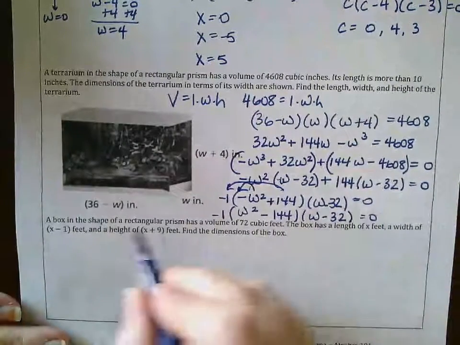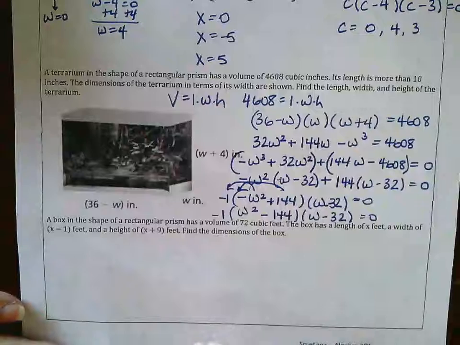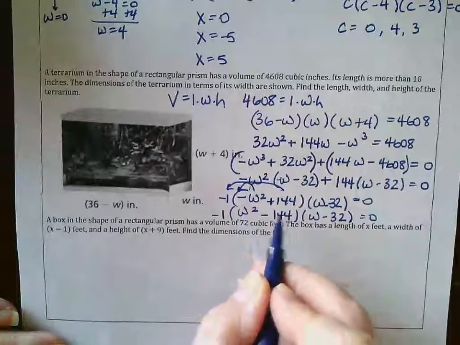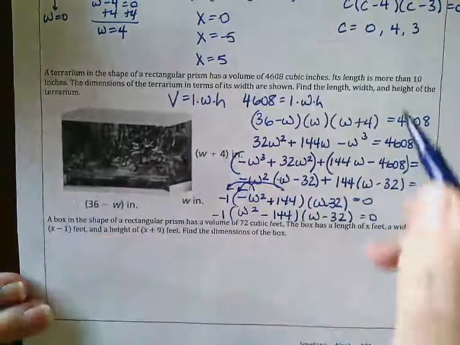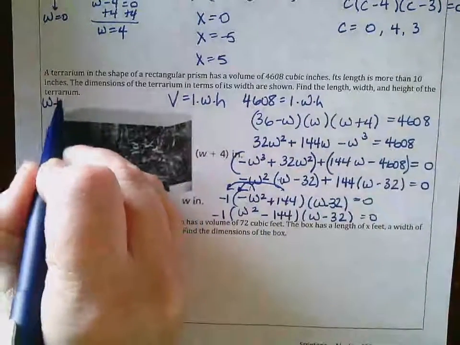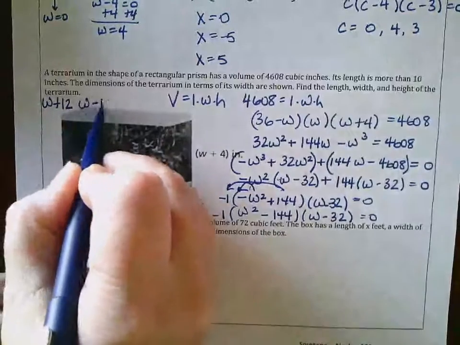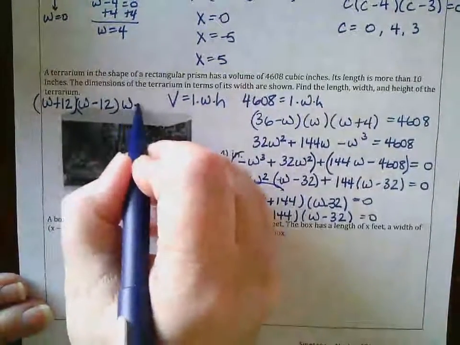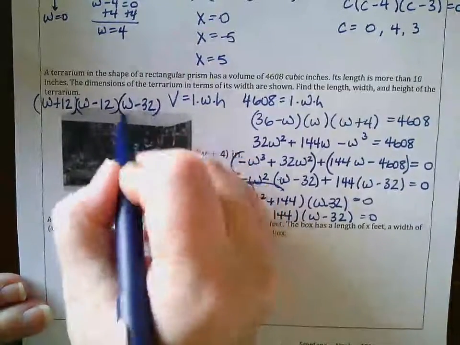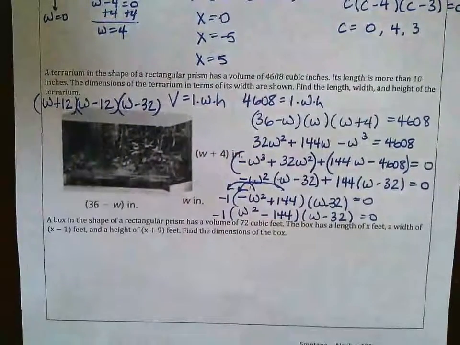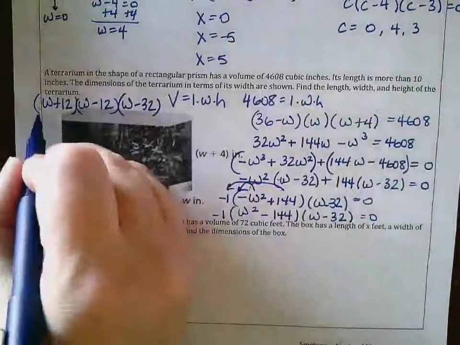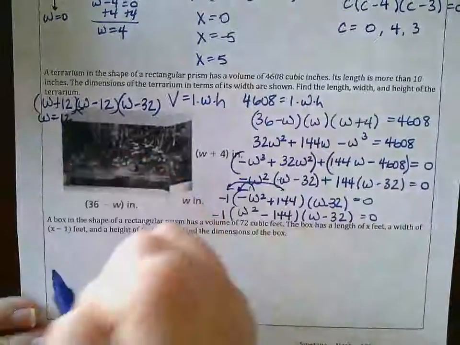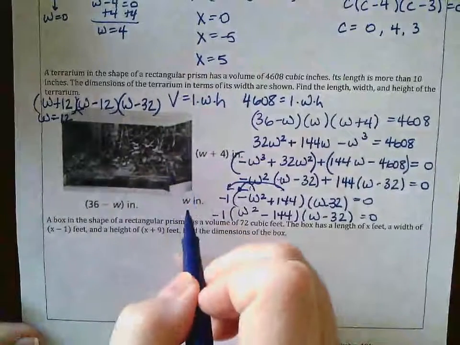So this is actually still not done. Remember, this is w plus 12 and w minus 12. So you end up with w plus 12, w minus 12, and w minus 32. What does that mean? Well, that means that my results could be negative 12, not likely, because you can't have a negative width, right?